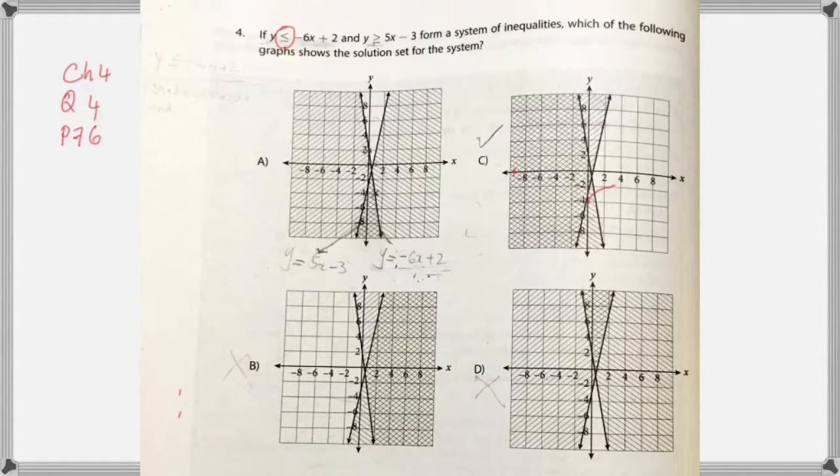Because this is less than or equal to, that represents an area below a line. We don't know which line y equals negative 6x plus 2 represents, but this inequality represents an area below a line.